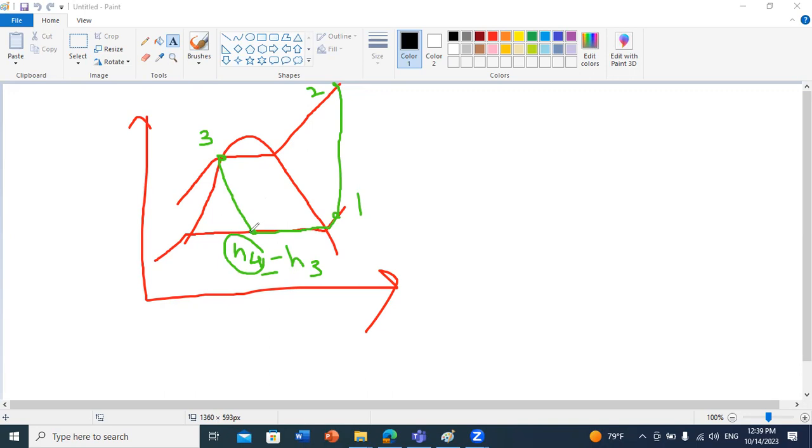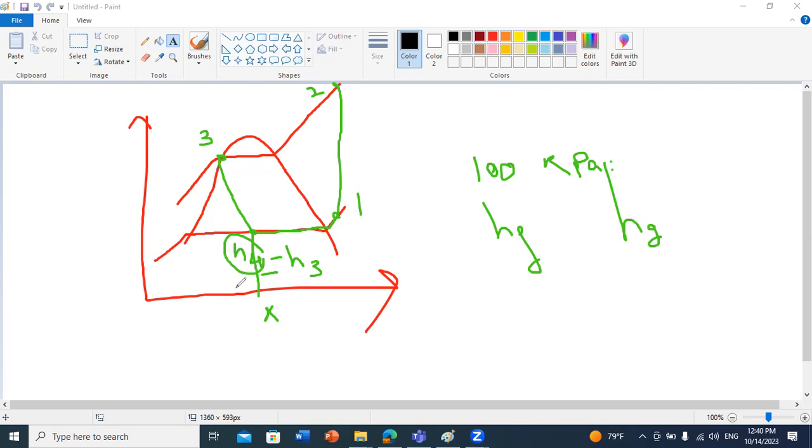To define the quality here, all we have to do is go to the saturated tables, at 100 kilopascal, and check the values of HF and HG. And then we can calculate the quality at this point.